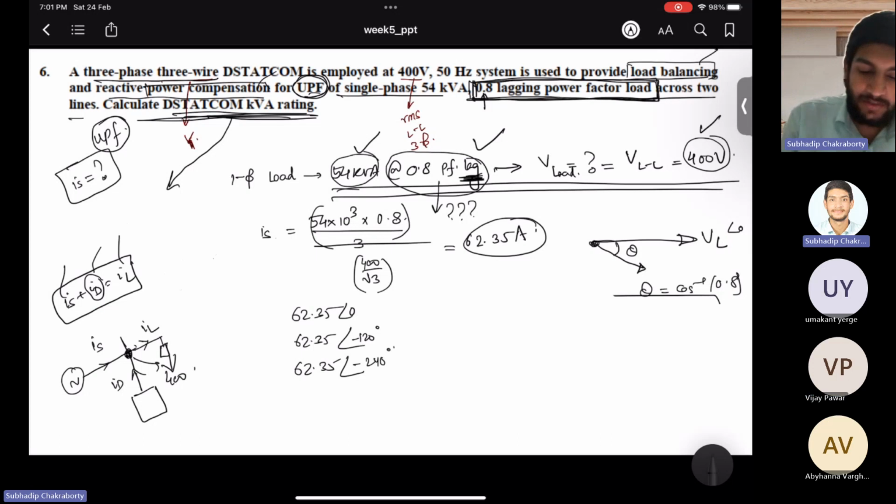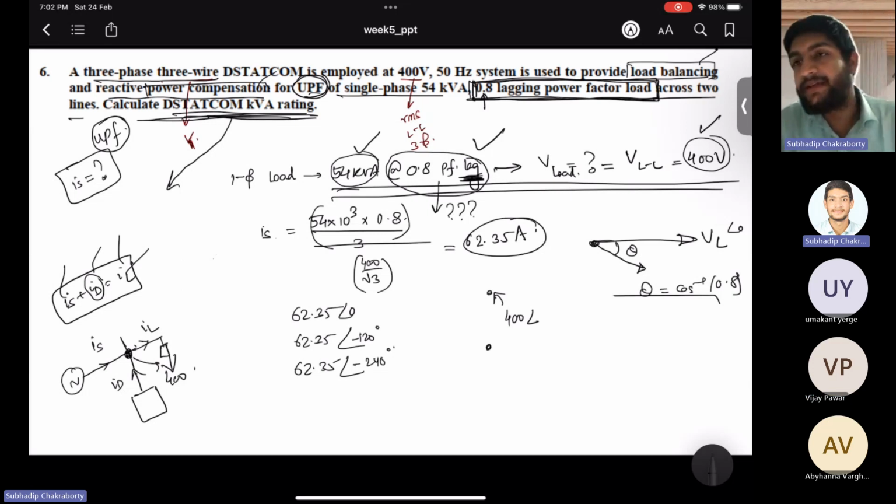Now you calculate the load current, because the load is also balanced. The load is connected across two lines, which is 400 at some angle. What will be the angle? We'll assume 0. No, you cannot assume 0 here.